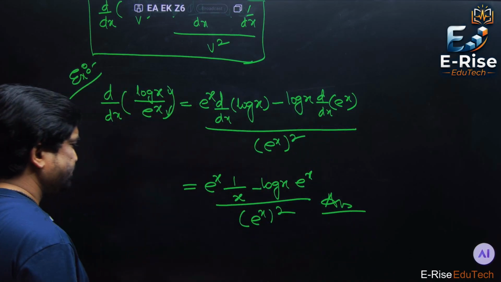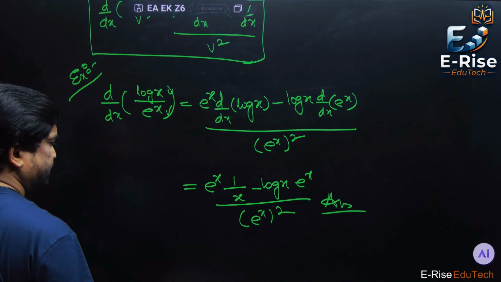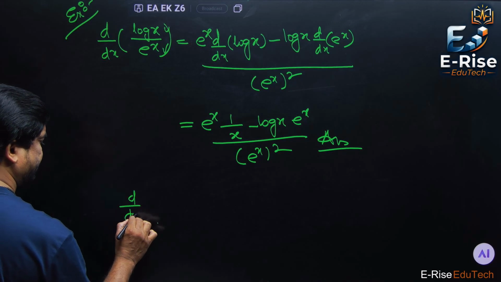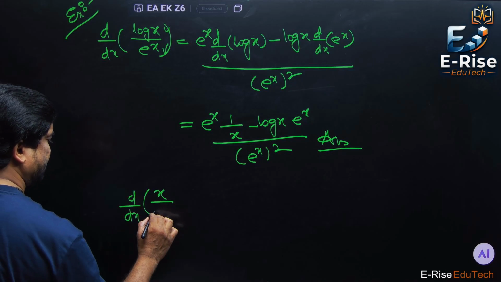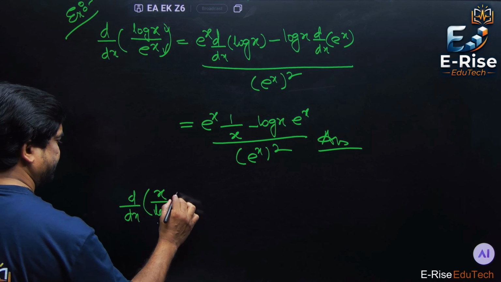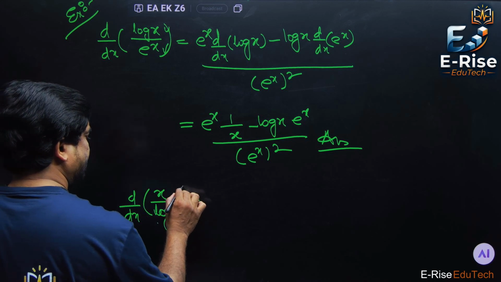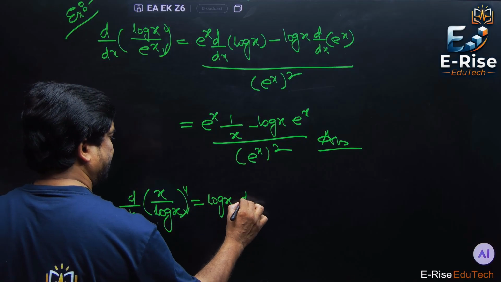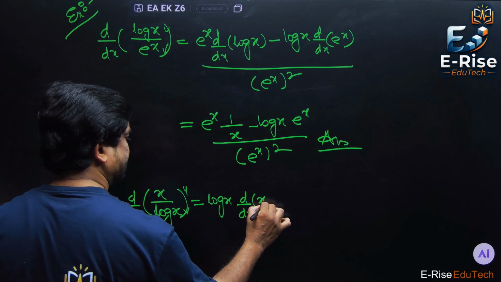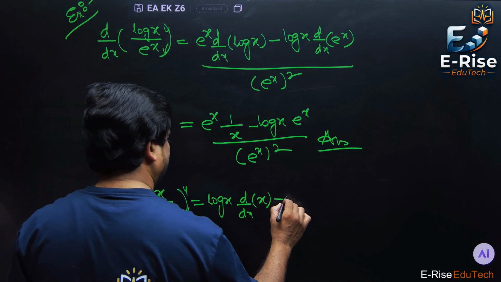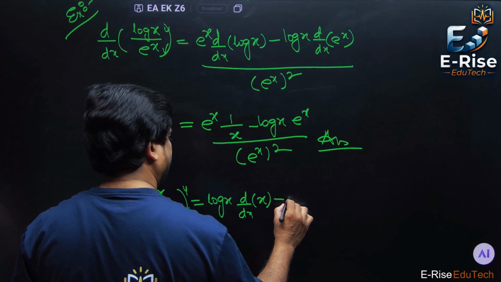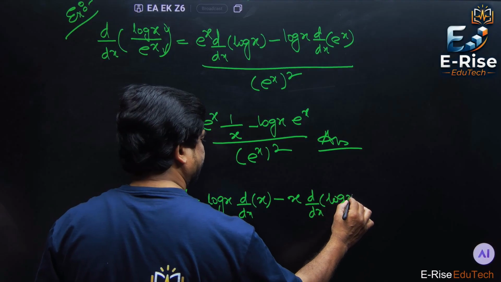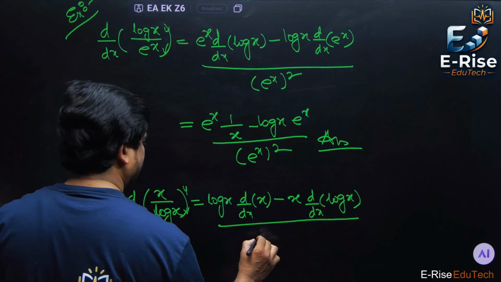Okay. Then we'll see d by dx of x by log x. Simply this is u, this is v. V into log x into d by dx of x, minus u into x into d by dx of log x, by v square.